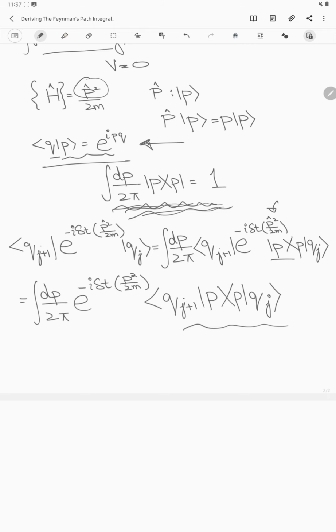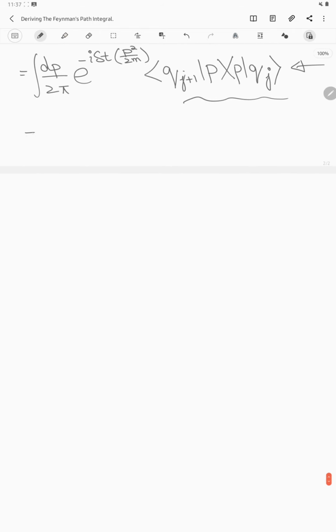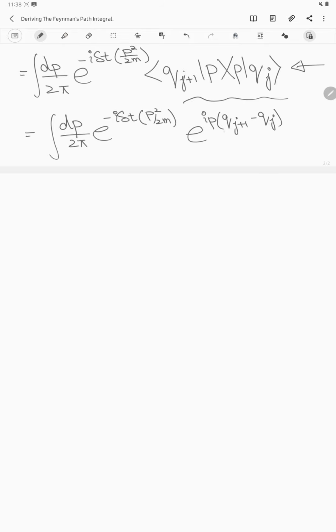If I put this equation in this expression, I end up with the integral dp over 2 pi exponential negative iota delta t p squared over 2m times exponential iota p times (q_{j+1} minus q_j), right?